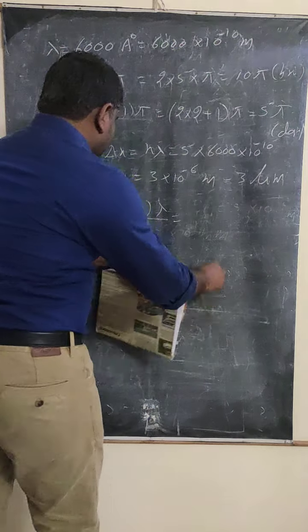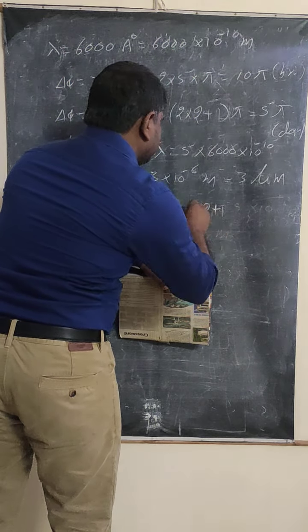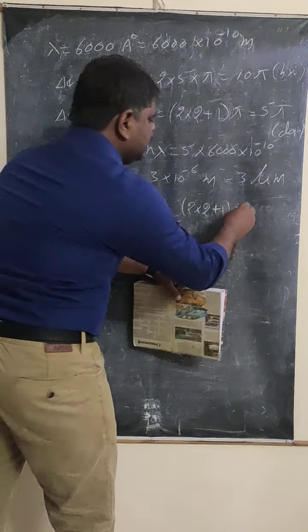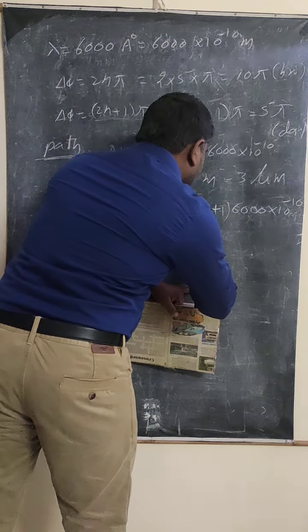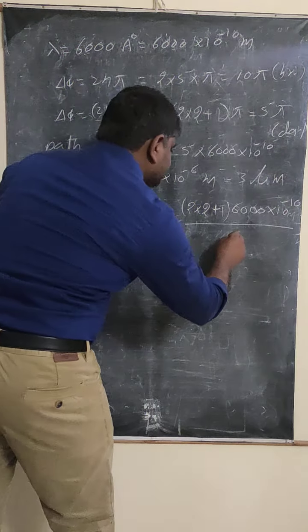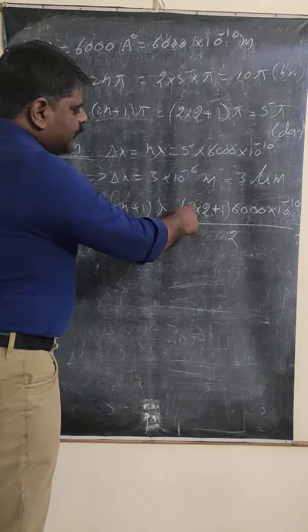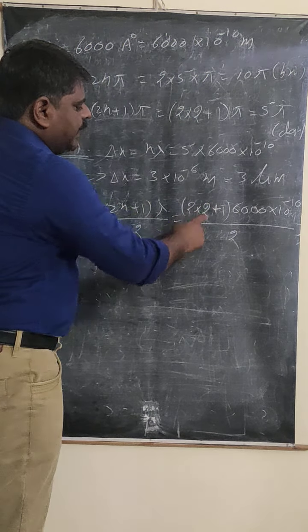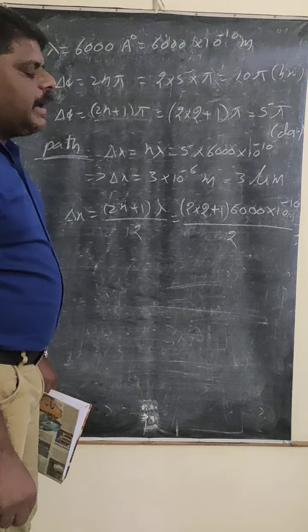So it becomes 2 into 2 plus 1 into wavelength, which is given as 6000 into 10 to the power of minus 10, by 2. Now, 2 twos are 4 plus 1, 5. 5 into 6 is 30.